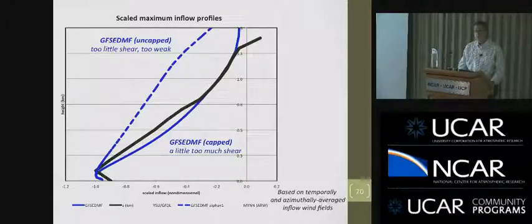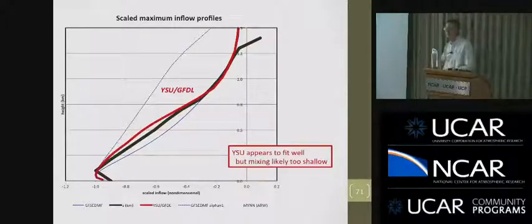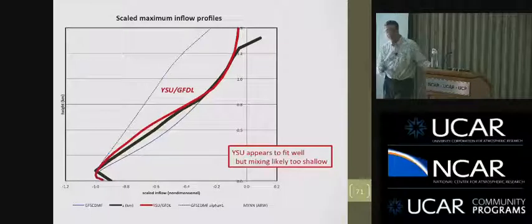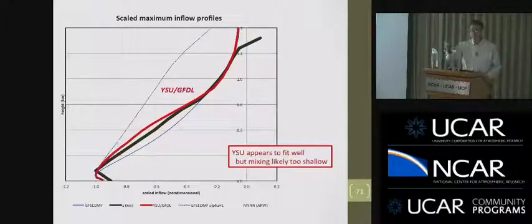Okay, let's look at YSU. YSU actually fits better. This was very encouraging. But remember, I think I've shown you persuasive evidence that YSU mixing is too shallow. But I can fix that by increasing the critical Richardson number. Why can't I treat that as a free parameter, particularly because I don't really know what I'm doing? I could just do anything I want, and that's why we do modeling, because we can twist anything we want.